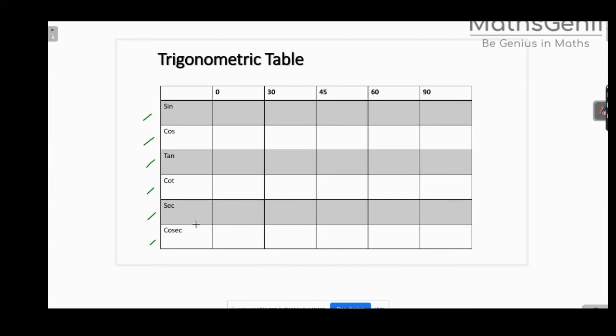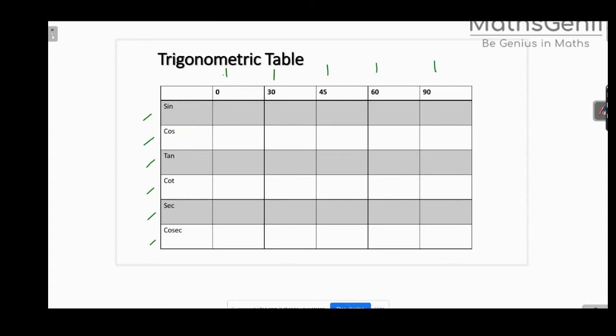Now remember the angles: 0 degree, 30, 45, 60, 90 degree. Now let's look at the answer of sine 0, cos 0, cos 30, cot 45. So you have to read this table in cross format.